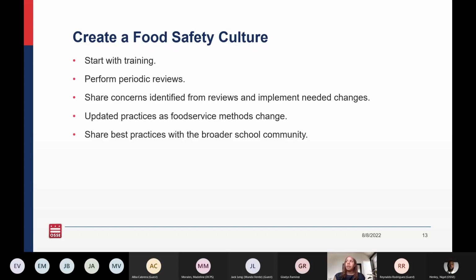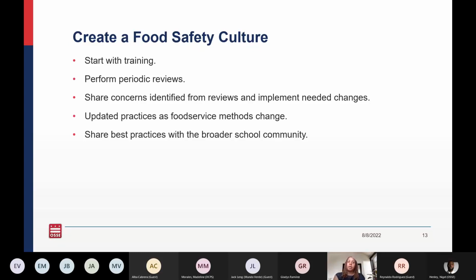Once we have trained our staff, it's important that we conduct periodic performance reviews and ensure that these measures are being taken. So again, this can be done monthly, quarterly, or annually, but a periodic review of how food is being handled and the measures that we're taking to keep it safe should definitely come into play at least once per year.